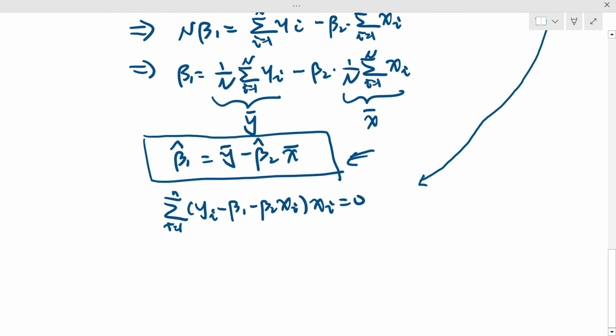Note that we defined y bar, the average, as the sum of yi divided by n.